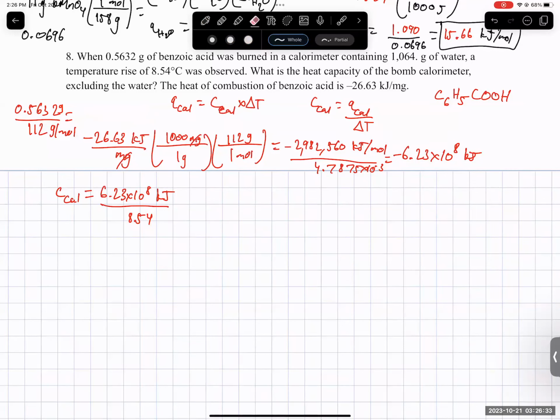All right, the moles should actually be 0.005. So important thing, write down your things properly. So 0.005, and this part 2,982,560 divided by 0.005.